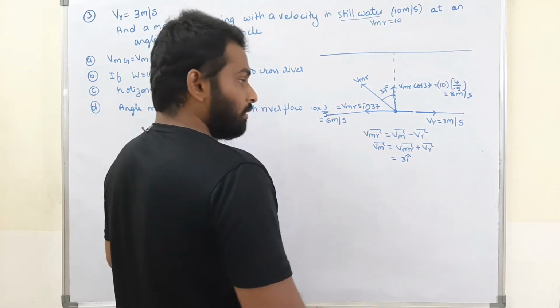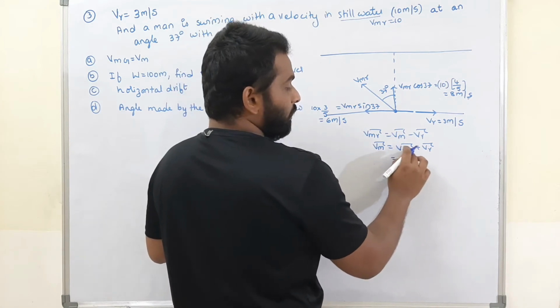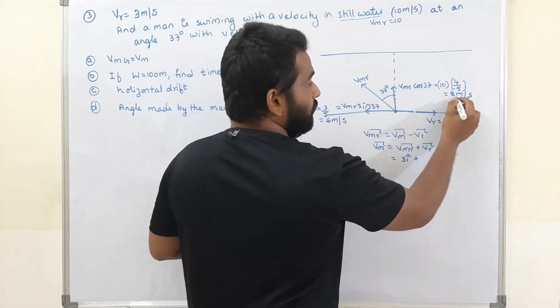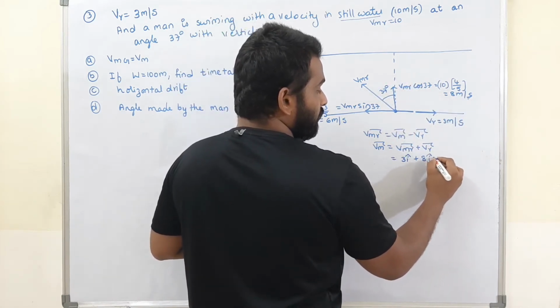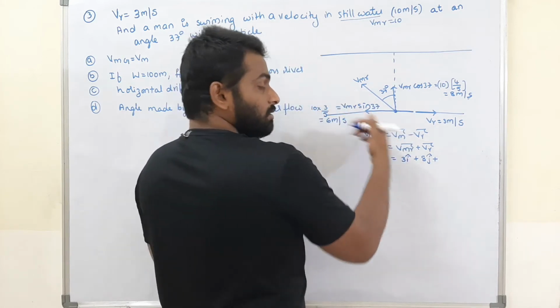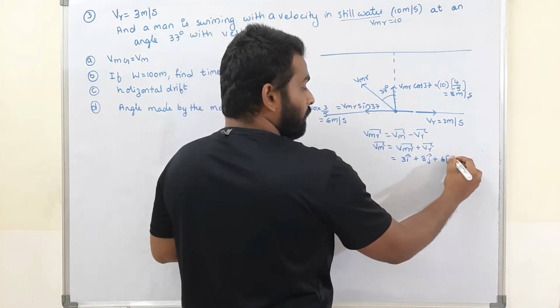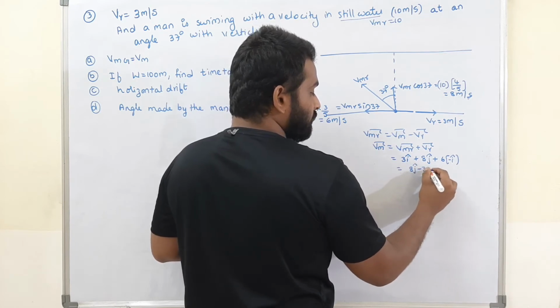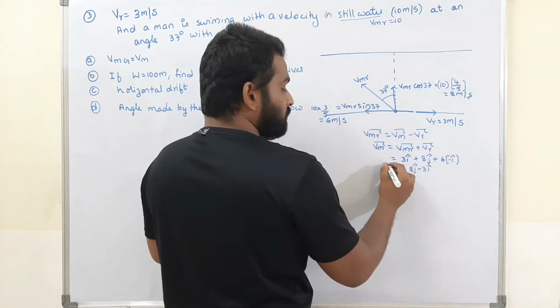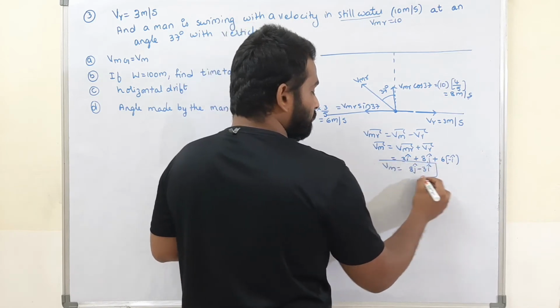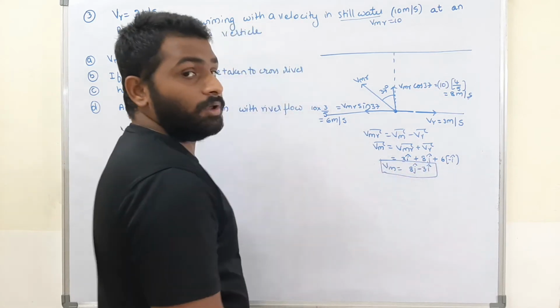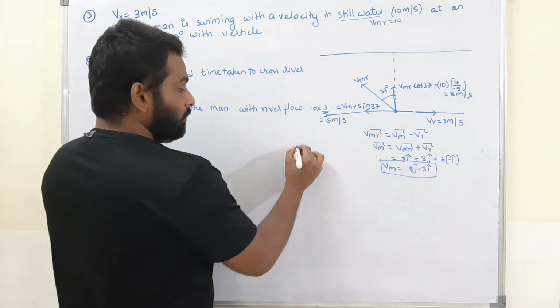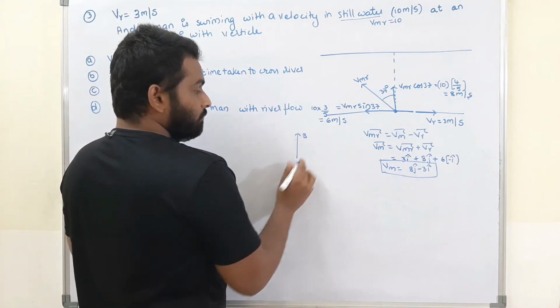Will you accept that? Therefore, what is VMR? VMR means two components: 8 j cap plus 6 I cap. Therefore, what is the resultant? 8 j cap minus 3 I cap. That is the velocity of man. That means here this is 8.